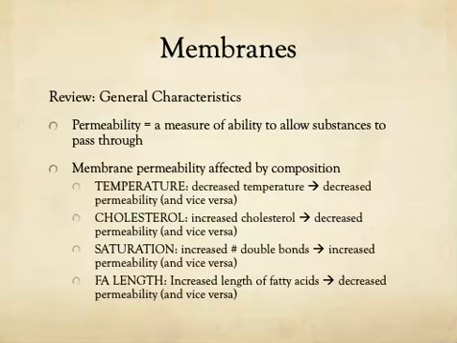The increased number of double bonds, meaning less saturation, will increase permeability in the membrane. Once you add double bonds, you're talking about unsaturated tails, you will increase permeability. And that's because you've introduced space, physical space, in the tail region because of the kinks in the tails.